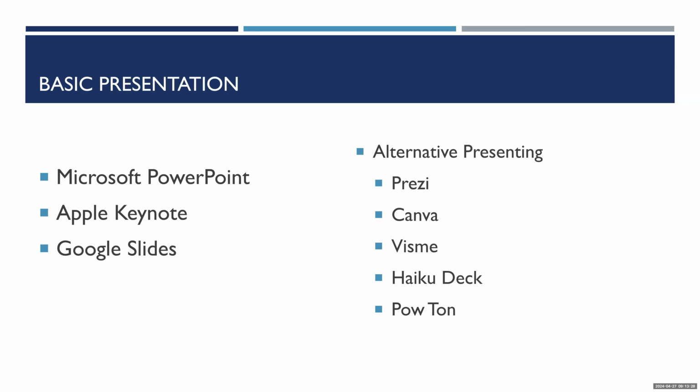From a presentational standpoint, there's many offerings available now through web-based programming. Again, our main three we would think of would be Microsoft PowerPoint, Apple Keynote, or Google Slides. But there are software packages like Prezi, Canva, Visme, Haiku Deck, and Powtoon that all have web-based platforms that are often, again, used for free for individuals with some limits to functionality.